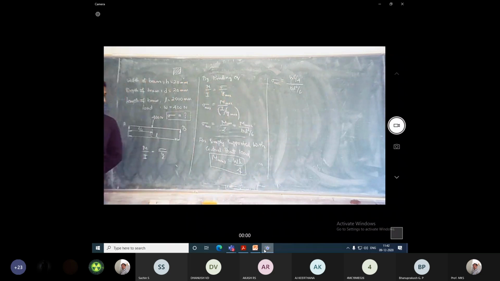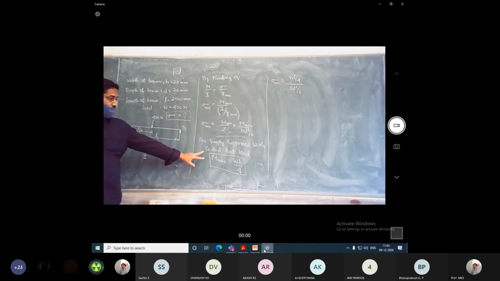Find out. Any form of the beam can be asked. We have derived the expression for maximum moment, so you should remember those equations. Here it is with respect to a point load at the center. Look at the bending moment diagram.